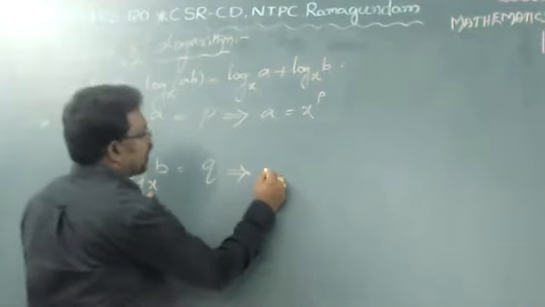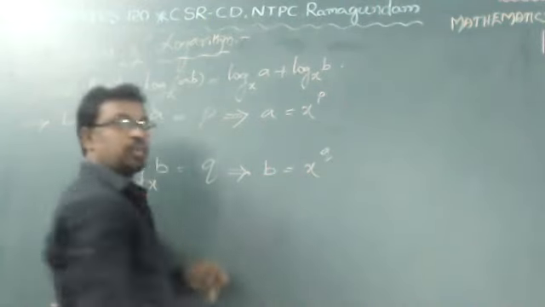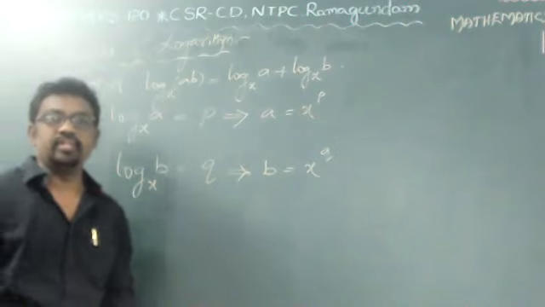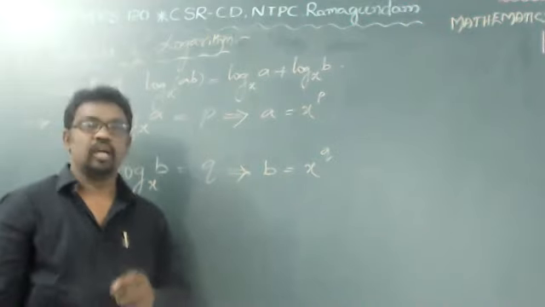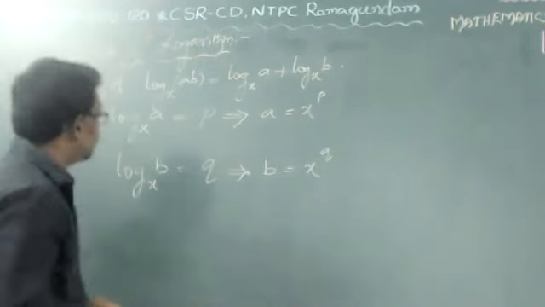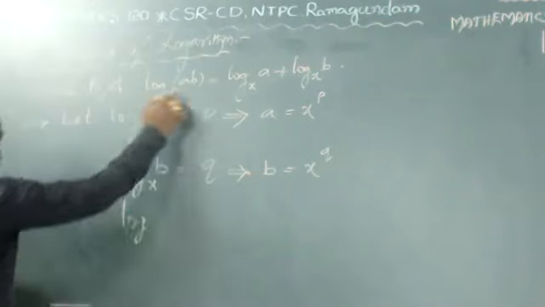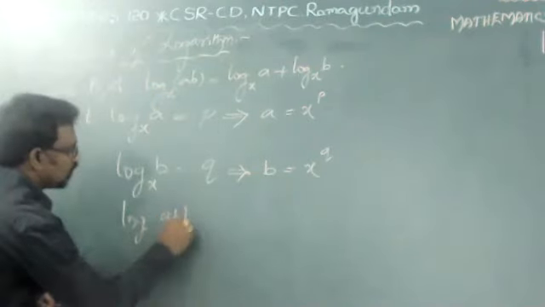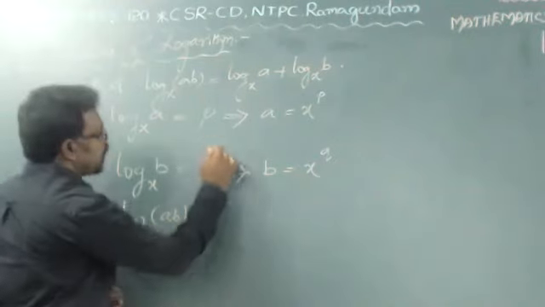That is, B is equal to x power q. B is equal to x power q. And finally, the last one, log AB to the base x.